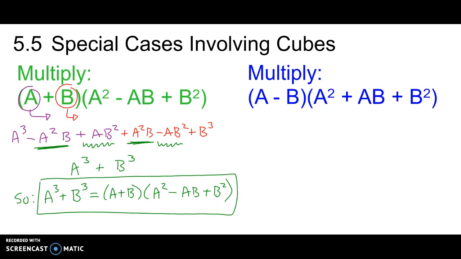The other one works very similar. We're going to distribute in the a. We're going to distribute in the negative b in this case. When we multiply everything there by a, we get a to the third plus a squared b plus ab squared.